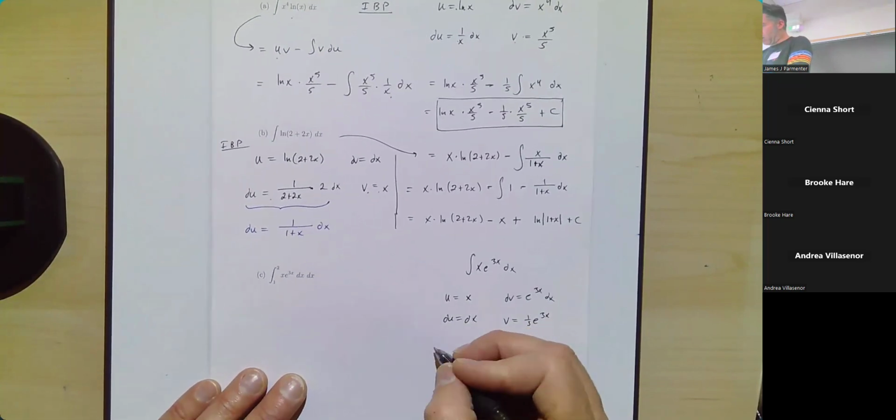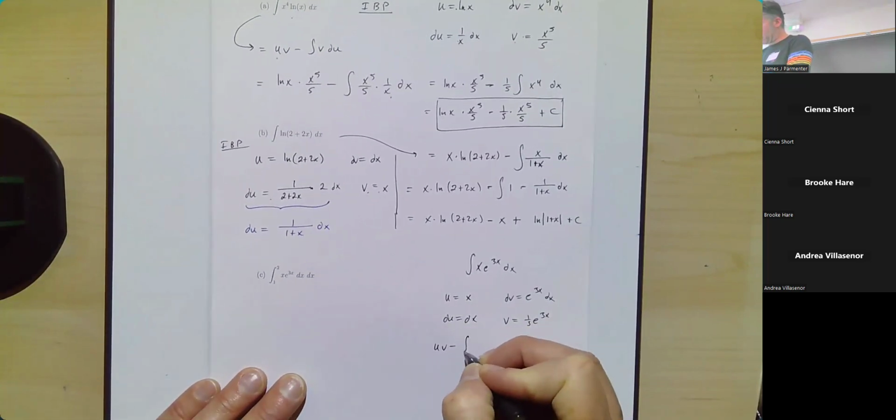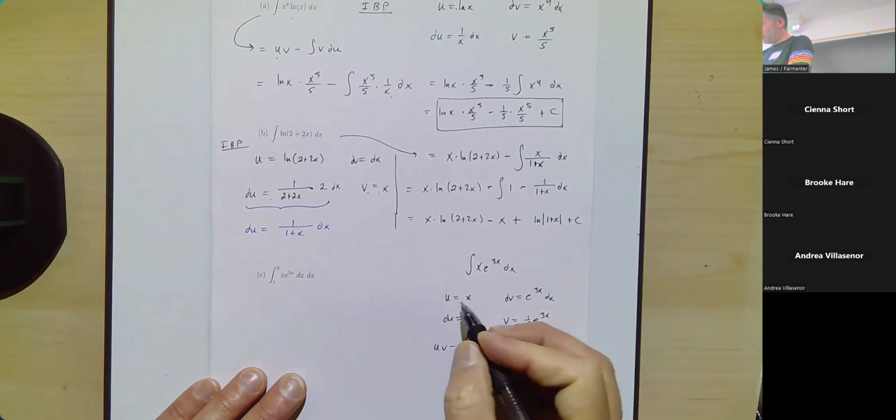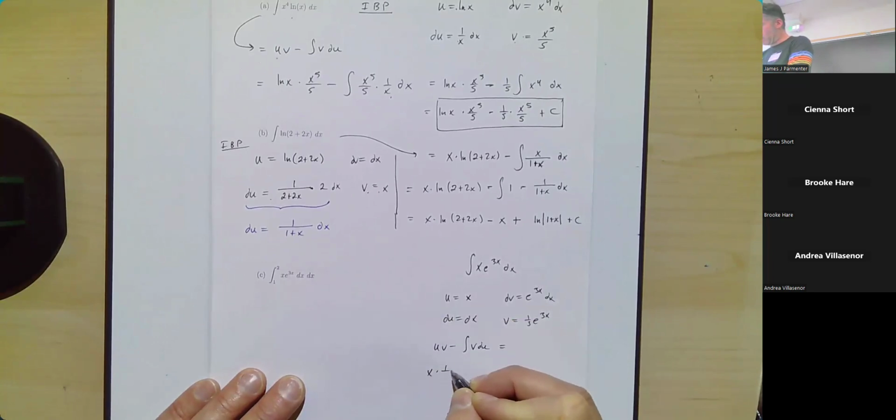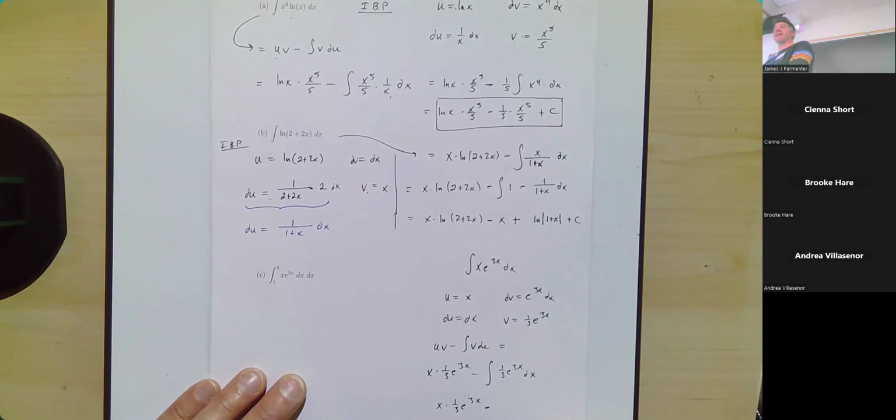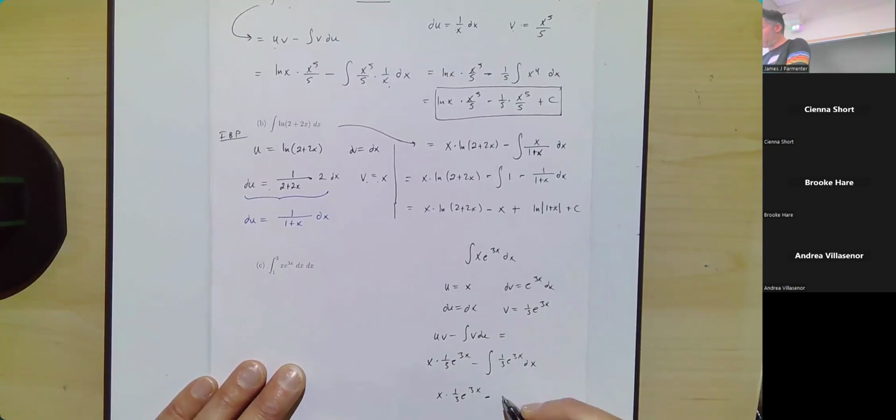So then our uv minus the integral of v du is x times 1/3 e to the 3x minus the integral of 1/3 e to the 3x dx, which becomes x times 1/3 e to the 3x minus 1/3 e to the 3x divided by another 3. So that'll be 1/9 e to the 3x.